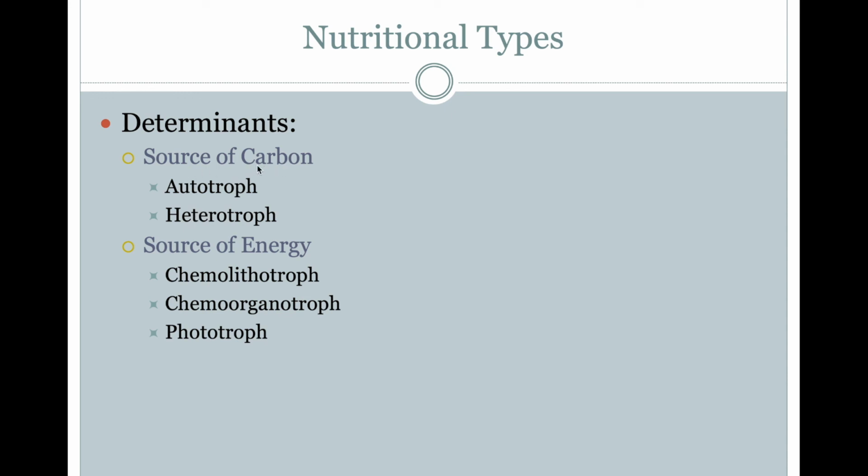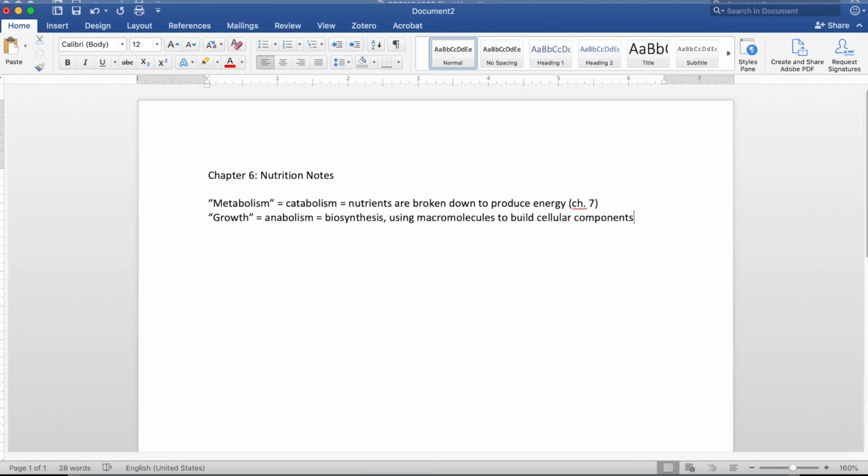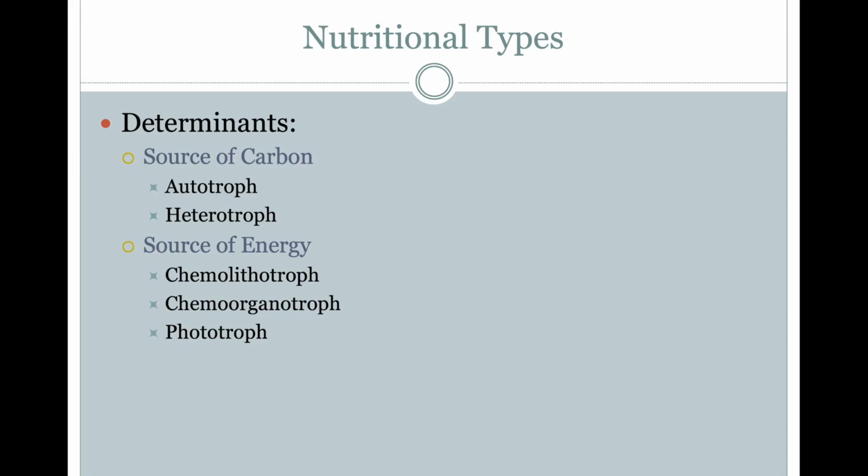Now, when we're discussing the source of carbon, we're going to equate this to our biosynthesis requirements. That's not exactly true, but we'll go back up and add this to our little list here. So for growth, we're going to also add that this is our source of carbon terms, and that would include auto and hetero versus the source of energy here.